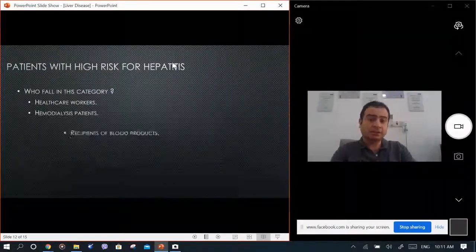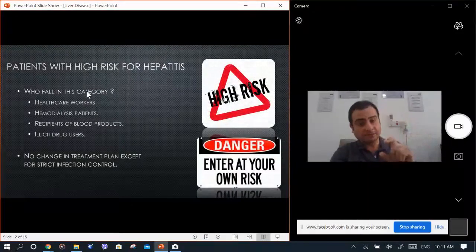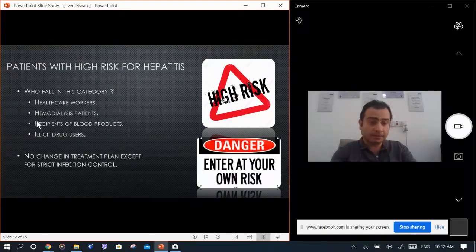Patients with high risk for hepatitis. There are certain patients who fall under this category, who are deemed to be high risk for having hepatitis. For example, healthcare workers, renal failure patients who undergo hemodialysis, recipients of blood products, as we have just said, for example patients with anemia or hemophilia, and illicit drug users who share the same needle.